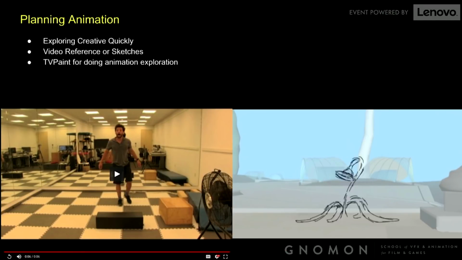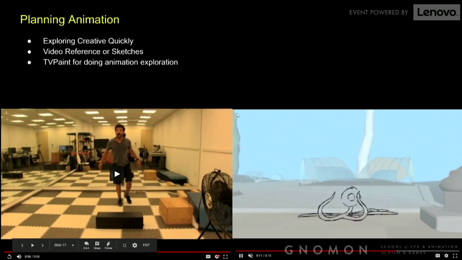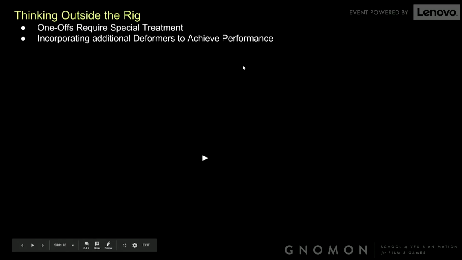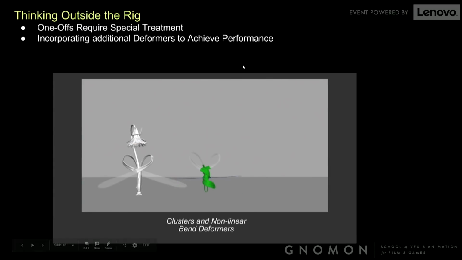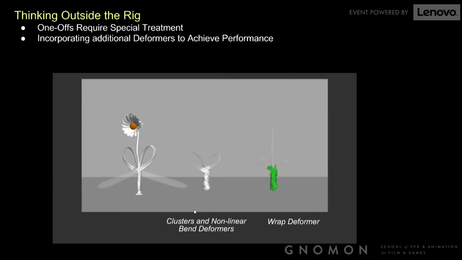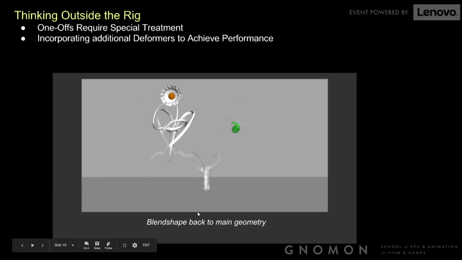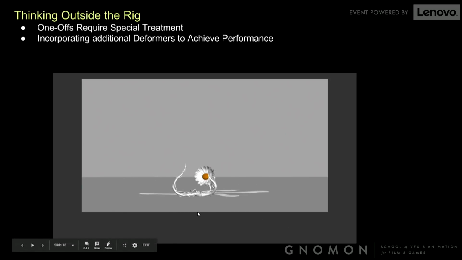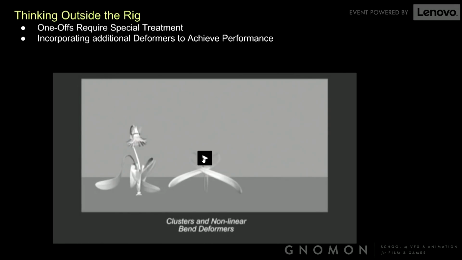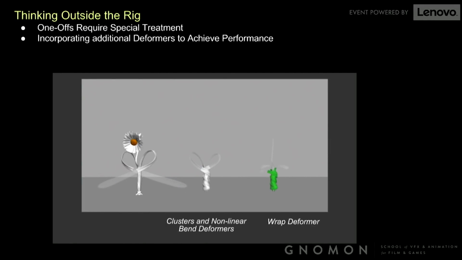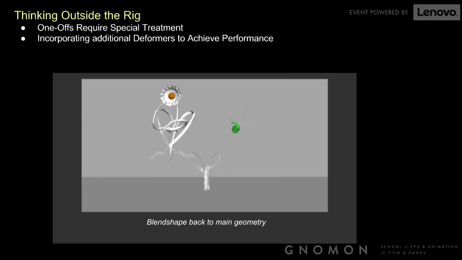Also, when I got to animating it in CG, I discovered that the rig was great for most of the shots, but this was a one-off situation where he's doing all these things that he only does in this one shot. So I had to come up with creative ways to pull some of this off.